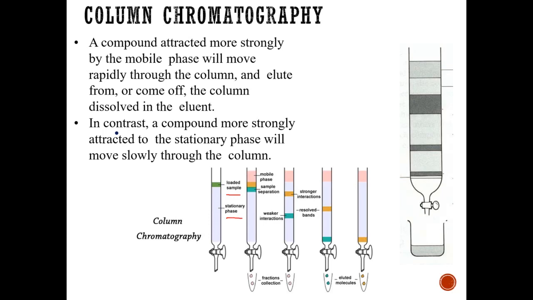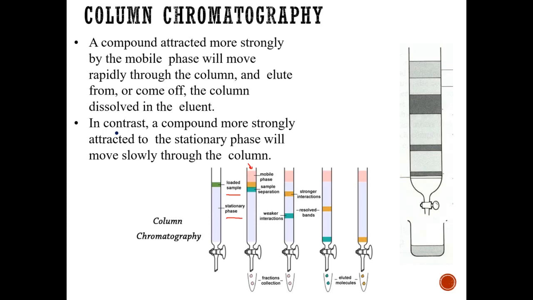After continuous application of the mobile phase, the sample starts separating after different intervals. As we see, the band with stronger interaction, that is the sample with more interaction with the adsorbent, moves slowly, and the band with weaker interaction with the stationary phase will move faster for the elution process.